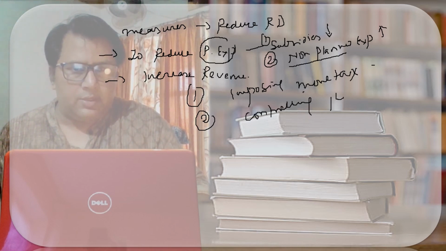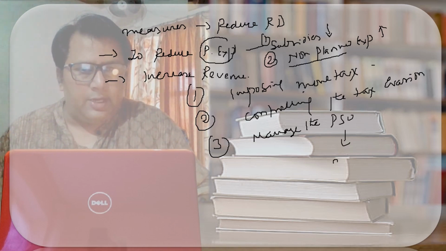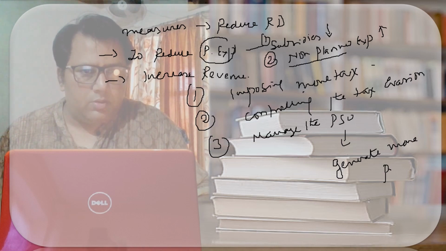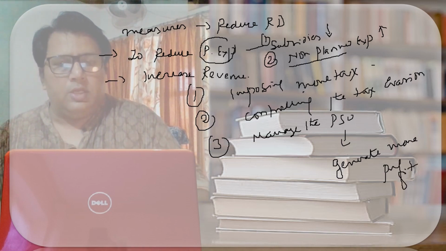By controlling the tax evasion. And the third one is to manage the PSUs properly so that the PSUs generate more profit.